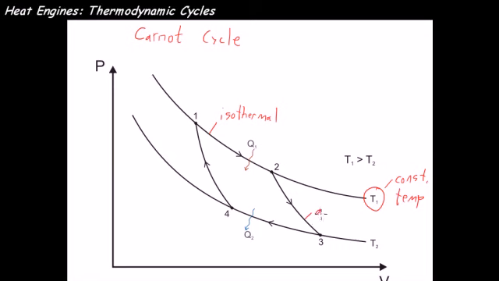So this is an adiabatic process. Now from point 3 to point 4, my temperature remains the same, and my volume is decreasing and my pressure is increasing. So again, it's isothermal. And finally, from 4 back to 1, P, V, and T are all changing, but it's an adiabatic process again.